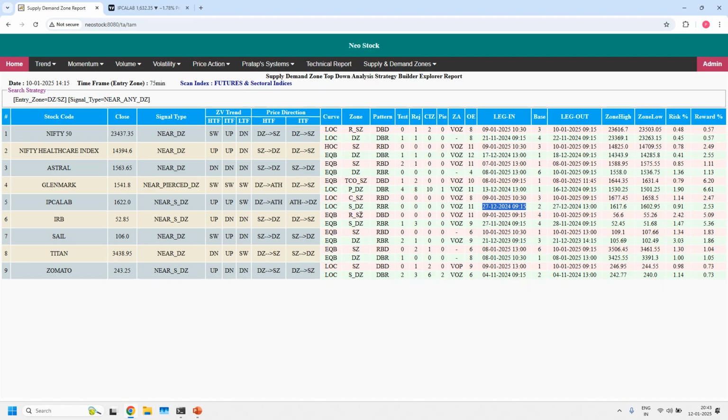What about the next one? This is the high liquidity. Next one, you have one more IPCL. In IPCL, 2711, 915, 4 base candles.